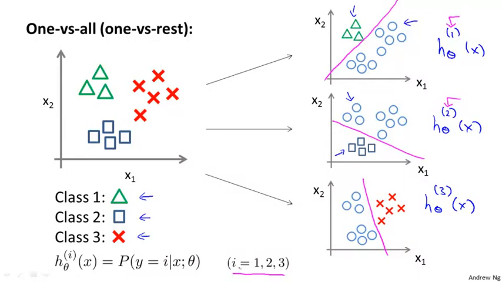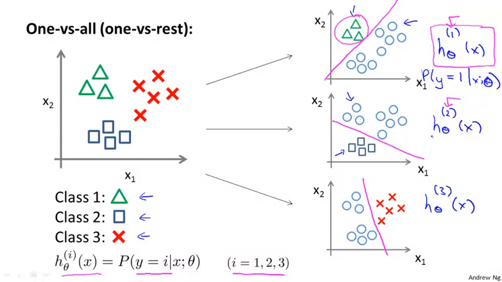So for i equals 1, 2, 3, we've fit a classifier h superscript i subscript theta of x that's trying to estimate the probability that y is equal to class i given x and parameterized by theta, right? So in the first instance, this classifier was learning to recognize the triangles. So it's thinking of the triangles as a positive class. So h superscript 1 is essentially trying to estimate the probability that y is equal to 1 given x and parameterized by theta.